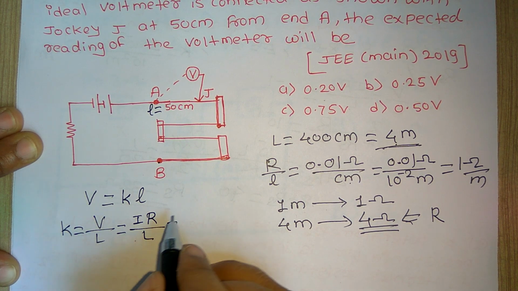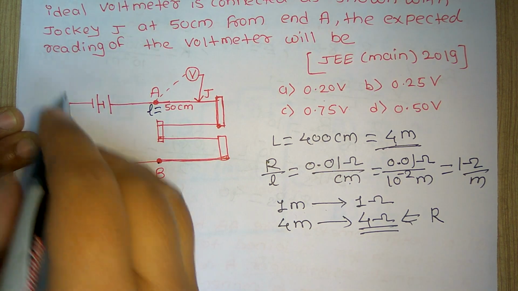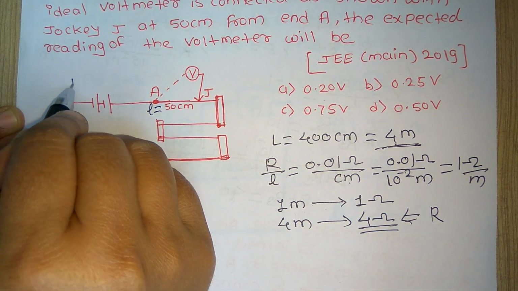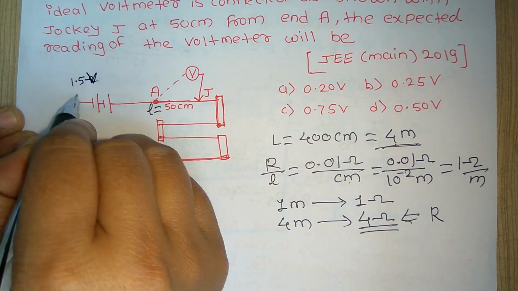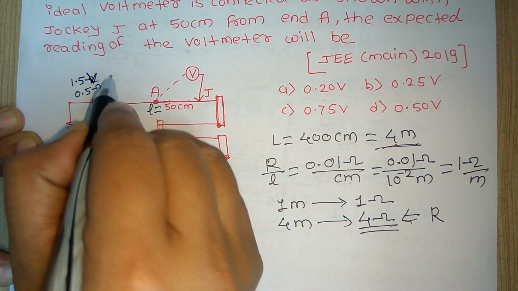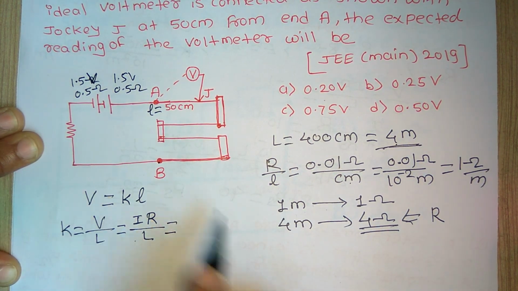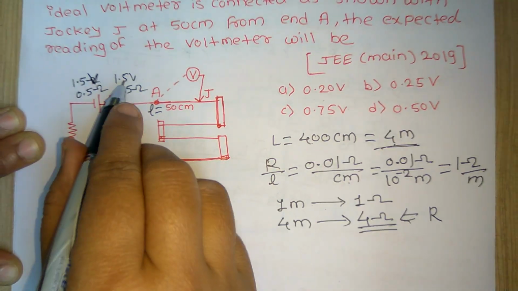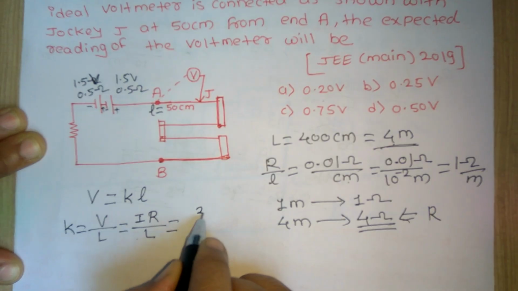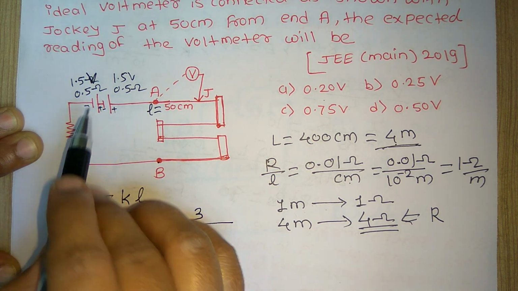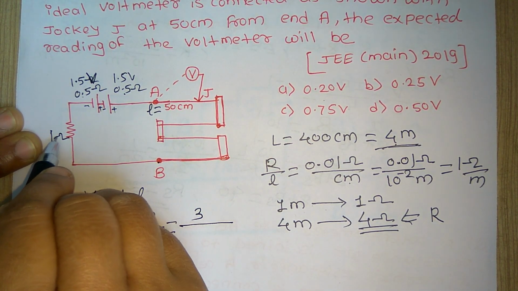What is the current? Current is nothing but the EMF divided by resistance. Here it is not written, but it is 1.5 volt and 0.5 ohm. It is also 1.5 volt, 0.5 ohm. Make this correction. So the total EMF is 1.5 plus 1.5, that is 3, divided by the resistance: 0.5 plus 0.5 is 1, and here also 1 ohm is connected.